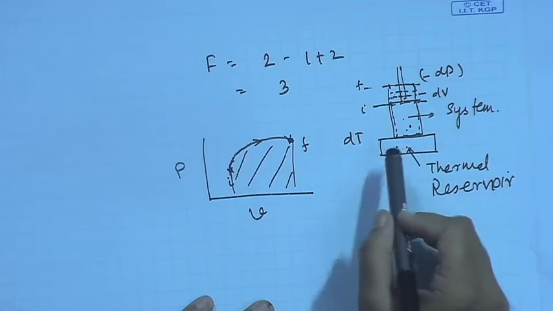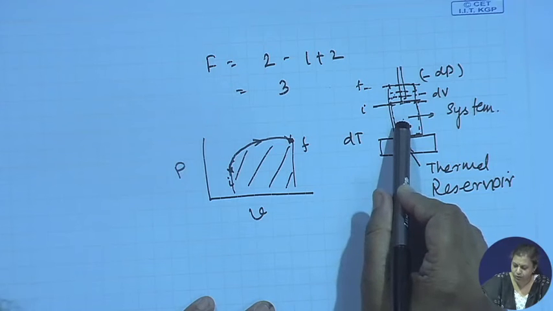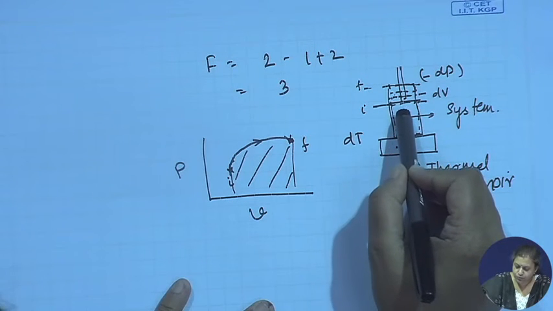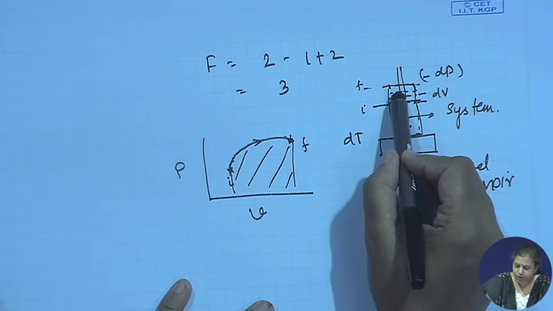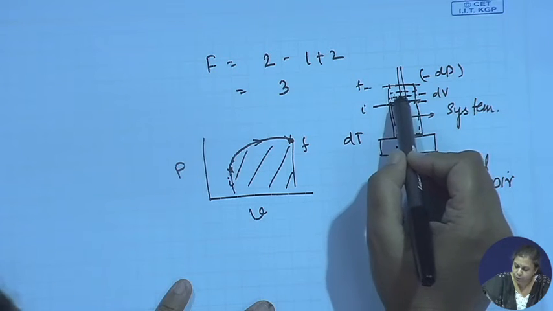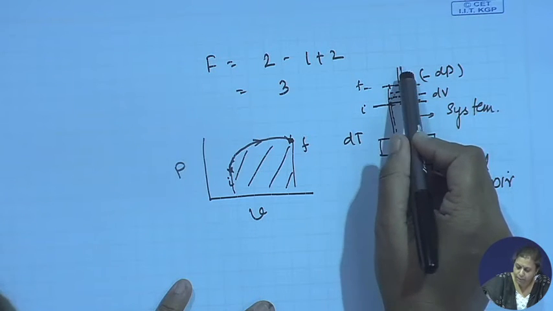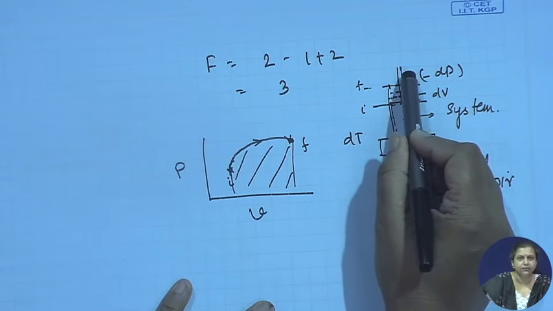For example, in the piston cylinder arrangement that we were discussing just now, we found that some amount of energy was flowing, and due to this energy flow, it was expanding. And why was it expanding? Due to a pressure difference between the system and the surrounding.